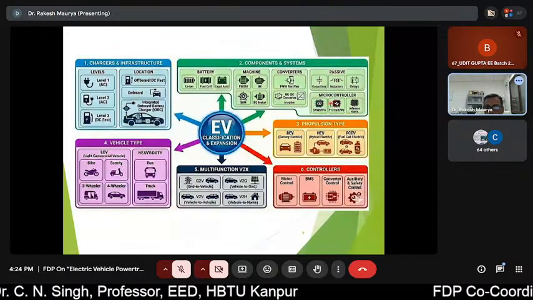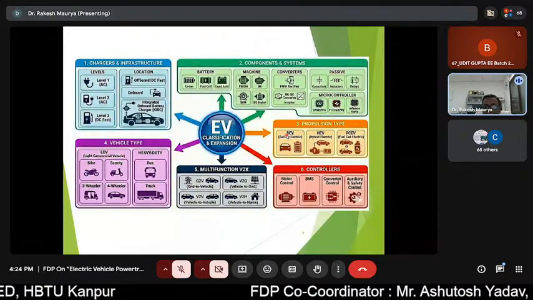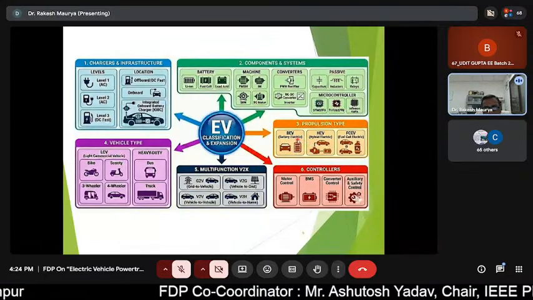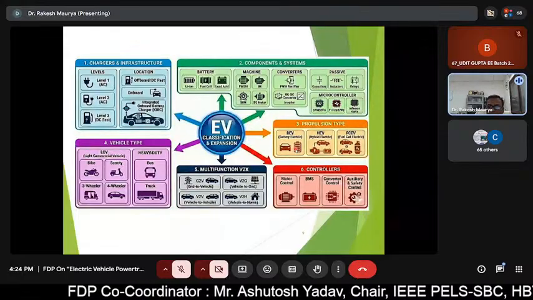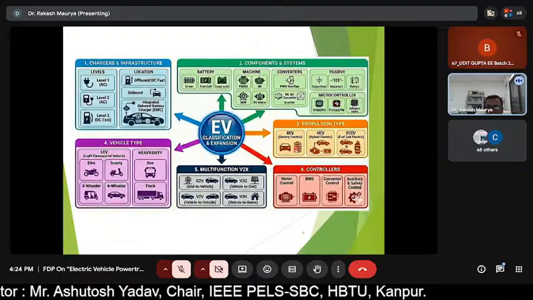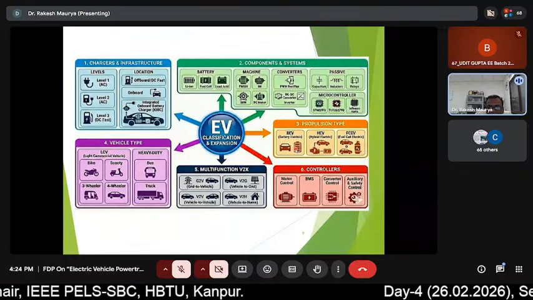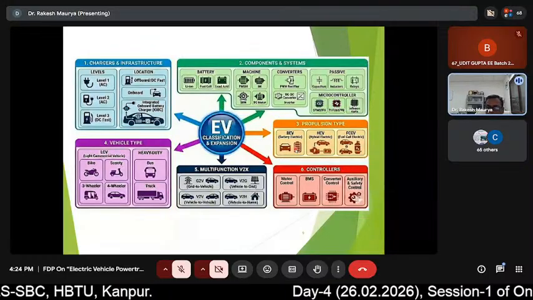Okay. Now coming to the propulsion type, there are various types of vehicles available. Either it is a purely battery operated electric vehicle, called BEV. Second is the hybrid electric vehicle. It is very popular.